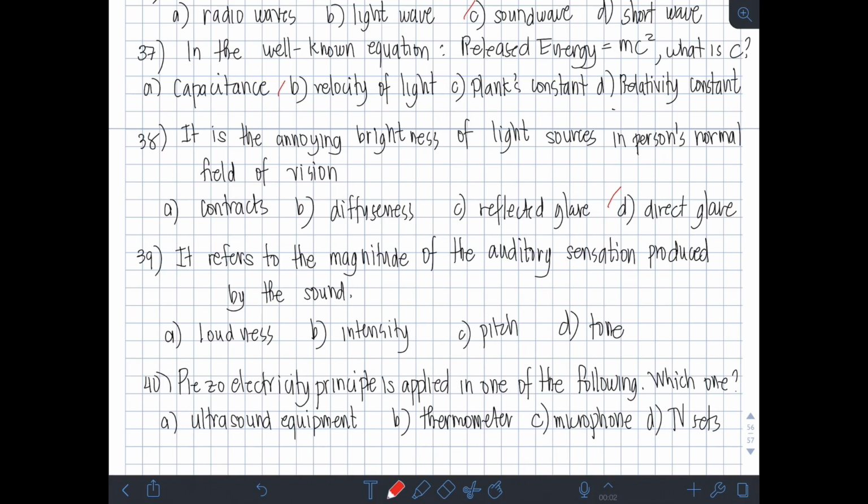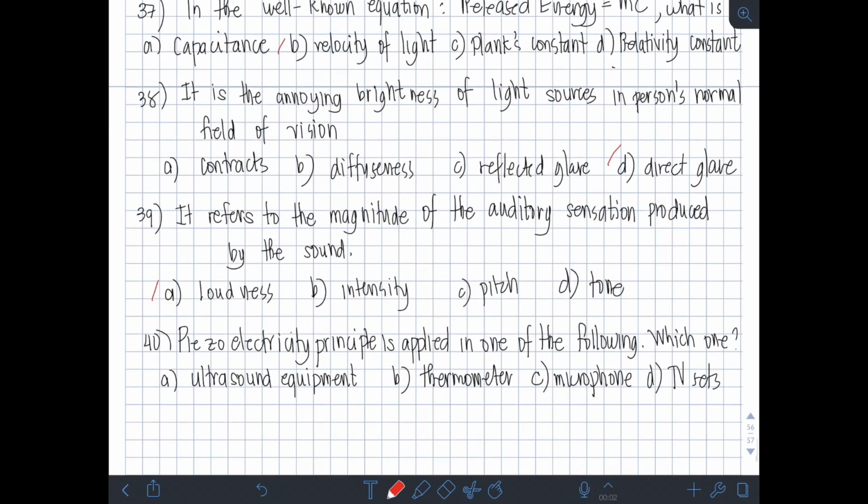B. Intensity. C. Pitch. D. Tone. The correct answer is A. Loudness. 40. Piezoelectricity principle is applied in one of the following. Which one? A. Ultrasound equipment. B. Thermometer. C. Microphone. D. TV sets. The correct answer is letter C.